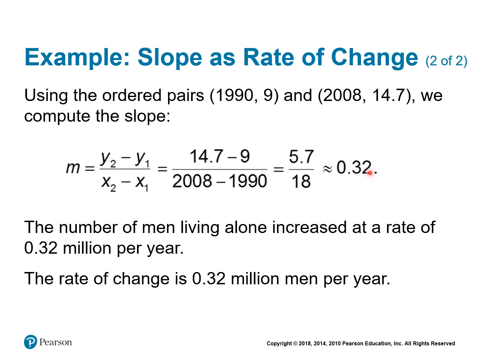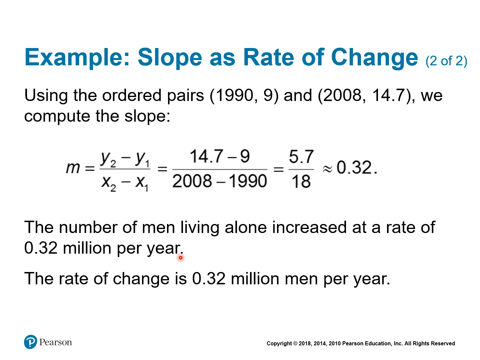Okay, and the way we express that, that means how fast the number of men living alone in the United States changed from 1990 to 2008. So the number of men living alone increased at a rate of 0.32 million per year.